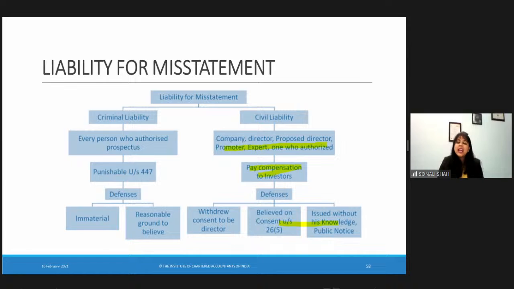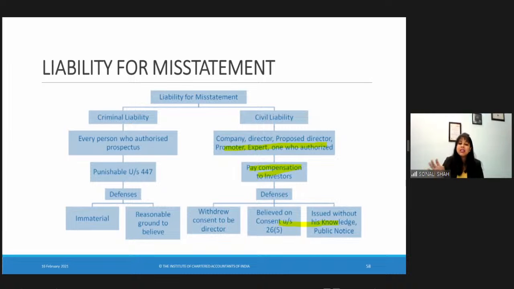But criminal liability is something which affects the public at large. And whenever there is a criminal liability, you will always see that the penal consequences are imprisonment and fine both, because such an offense can affect the public at large.